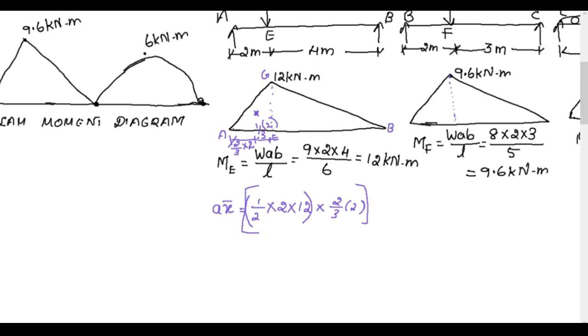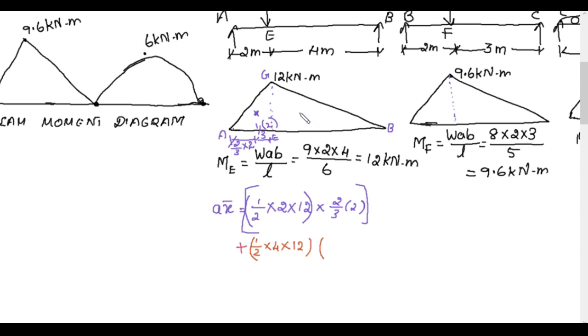Now for the second triangle we have to calculate, that is plus, triangle BGE. Half into base EB, that is 4, multiplied by height 12. So the area is multiplied by the distance of the centroid.